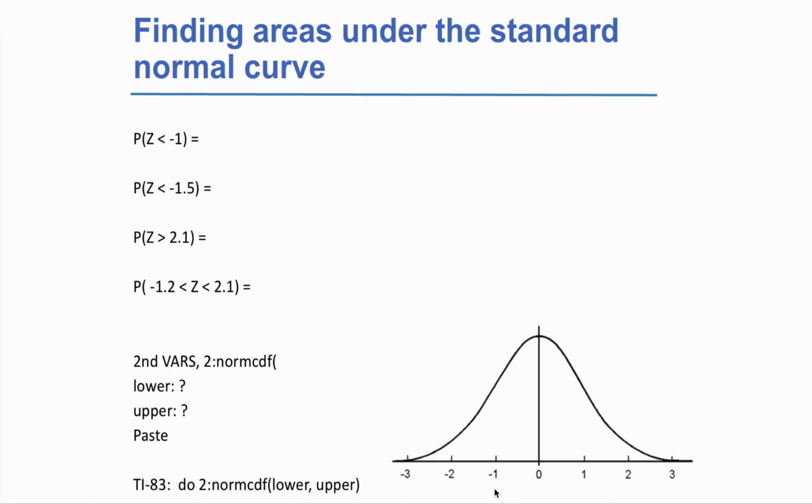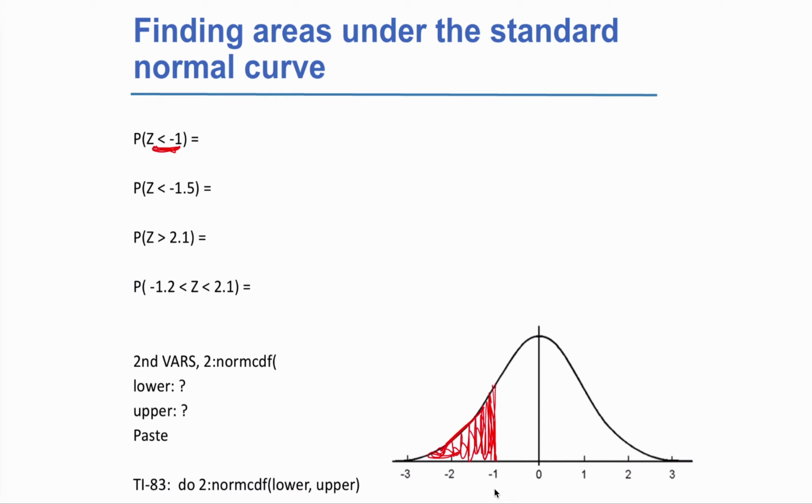The probability that z, so this is probability notation, which we're going to be talking about more in the next unit, is less than -1, which is going to correspond to the area in the chunk of the curve that is less than -1, right? The total area of the curve equals 1.